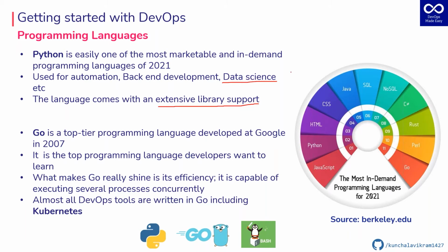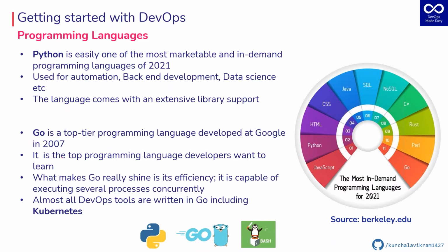Let's say you want to programmatically access AWS resources, so we have the Boto3 Python library. And let's say you want to talk to the Kubernetes API server through a Python program, so we have the Kubernetes Python client library. You also have a Kubernetes Go client library. So Go is as popular as Python, but the only difference is Python is an interpreter-based language, and Go is a compiler-based language.